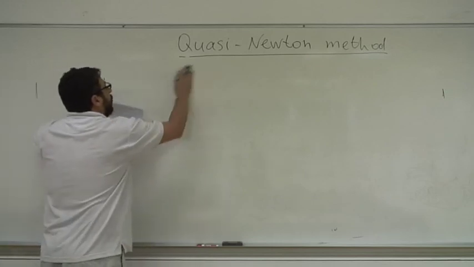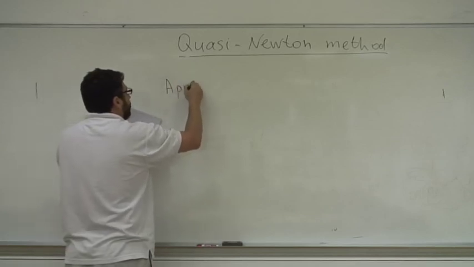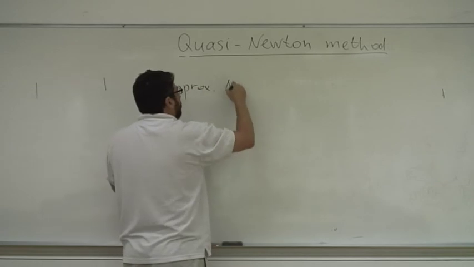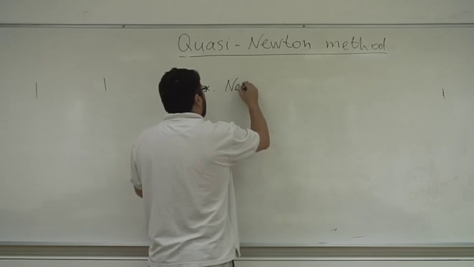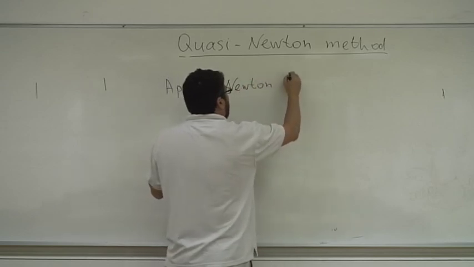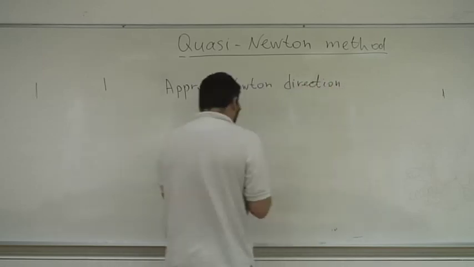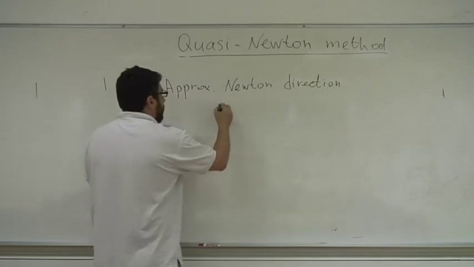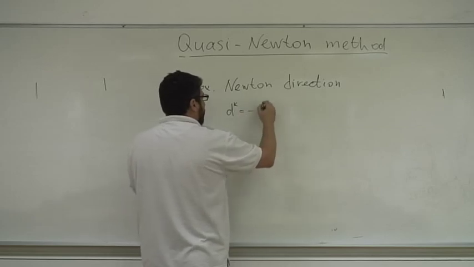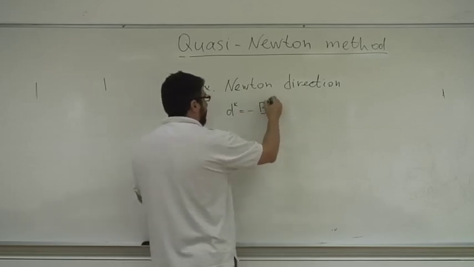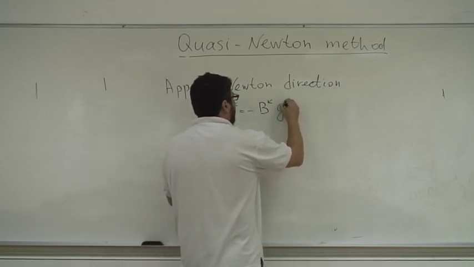So we compute the approximate Newton direction d k, which is minus the approximate inverse of the Hessian multiplied by the gradient g k.